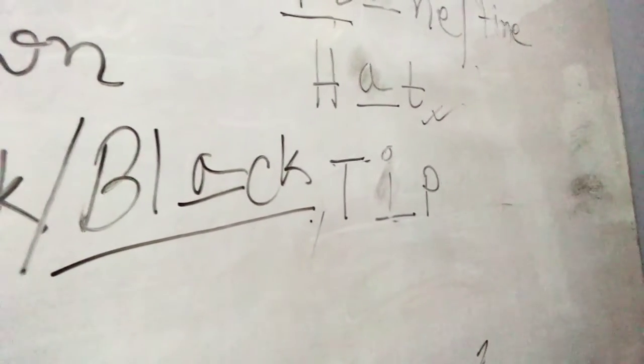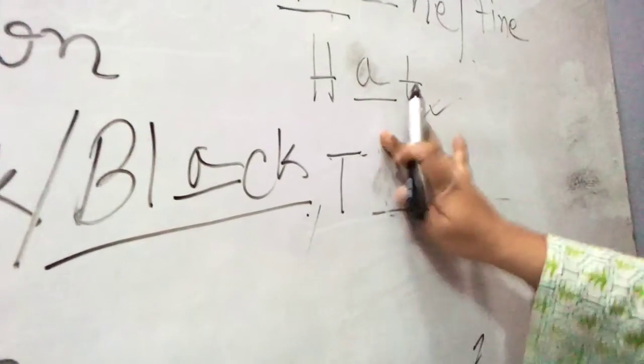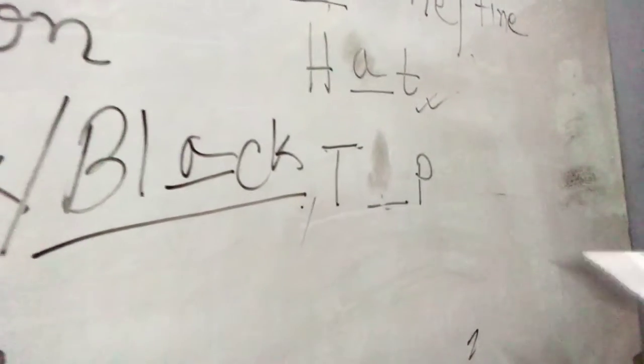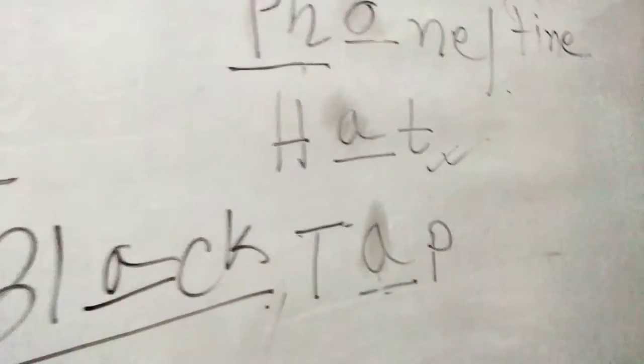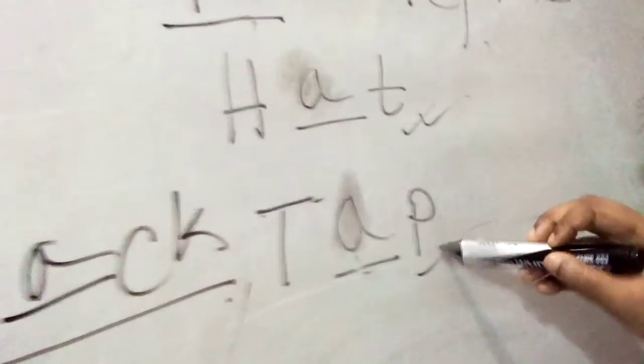It's also a meaningful word and we have learnt it numerous times. But if I put A, it becomes tap. Tap means when you tickle something and it gives you the sound tap. So it becomes a new word. In this way we can make everything.